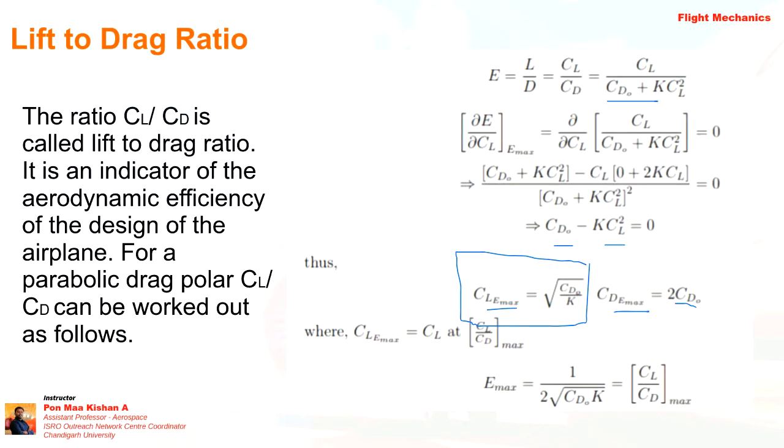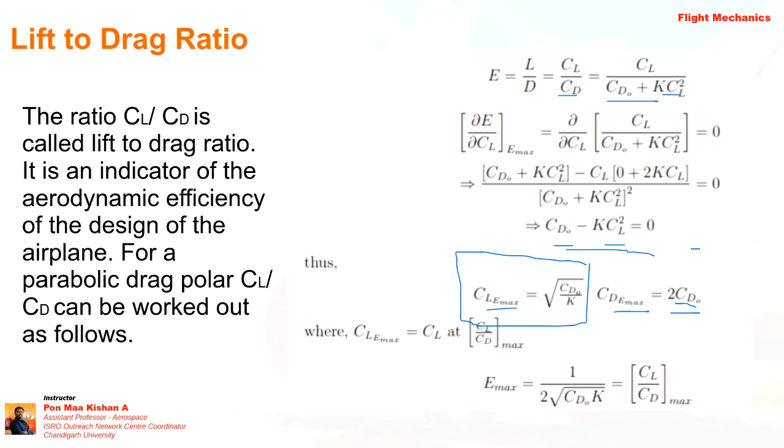Coefficient of drag is given by the drag polar, CD naught plus KCL square. From this equation we can identify that CD naught is equal to KCL square. Substituting that CD naught over here, CD can be represented as 2 CD naught. So for attaining better aerodynamic efficiency, the drag has to be reduced as much as possible, and that value is nearly equal to 2 times CD naught.